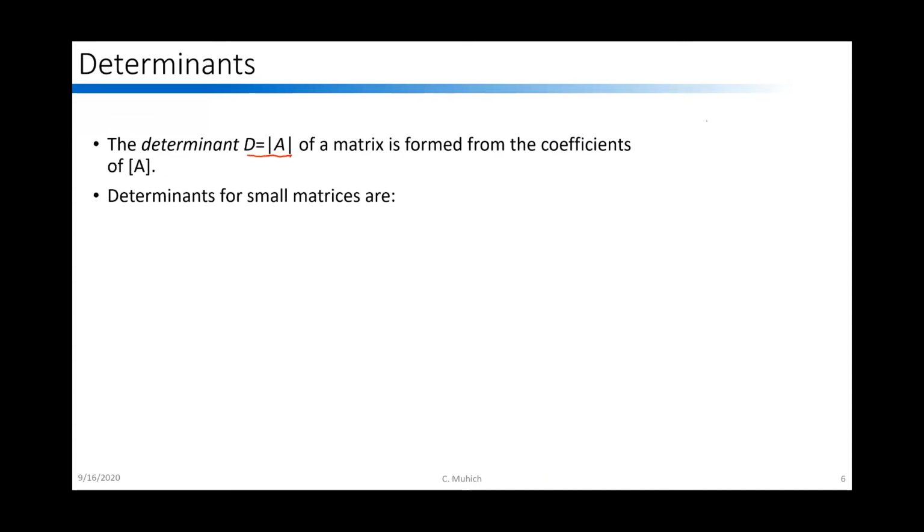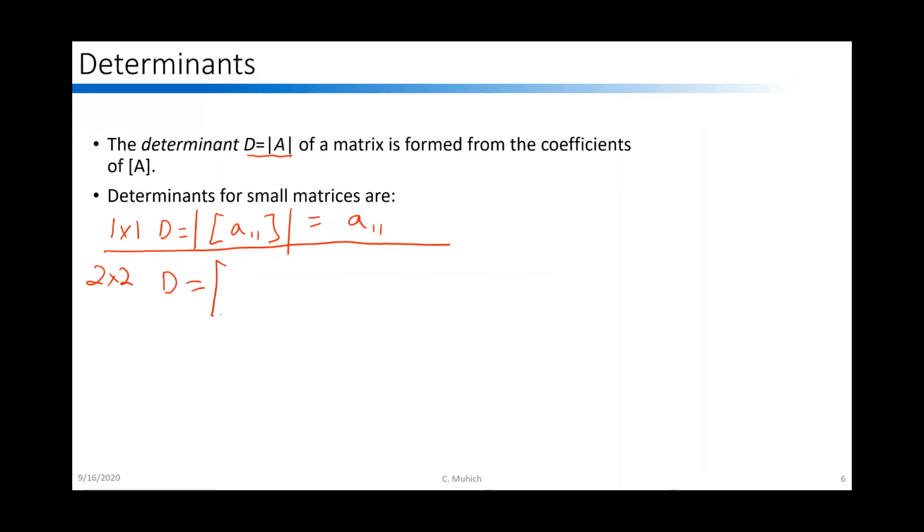Let's look at the simplest matrix, a 1-by-1 matrix. In this case, we could say that our matrix A is equal to just a11. So the determinant of that matrix is just going to be that one single element. This is not very interesting. Let's take a look at 2 by 2.